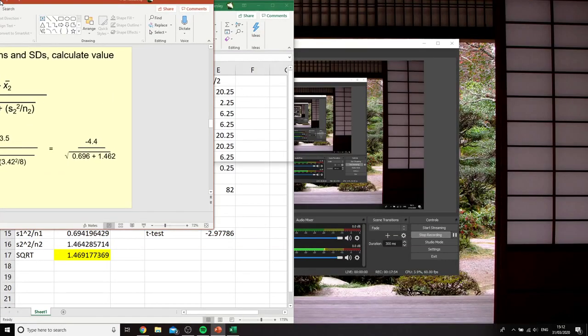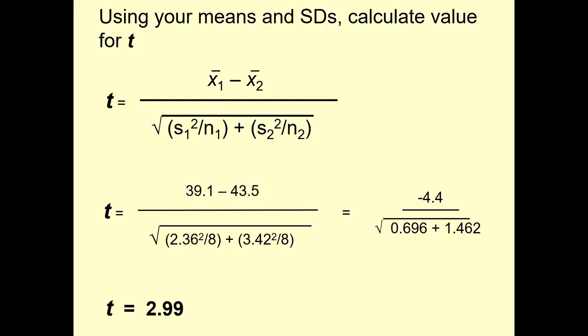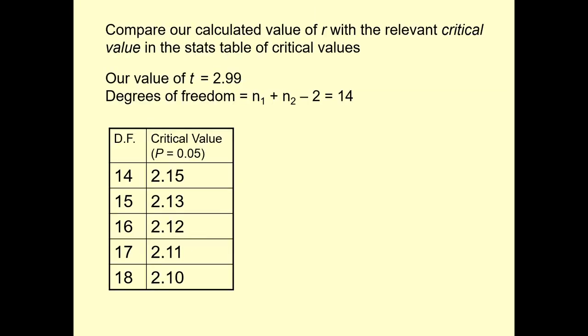Now we need to compare it. Compare our calculated value of t with the relevant critical value in the stats table. Sorry, I'm really tired. Okay, so our value of t is 2.99. Degrees of freedom is n1 plus n2, which is 8 plus 8, 16, minus 2 is 14.